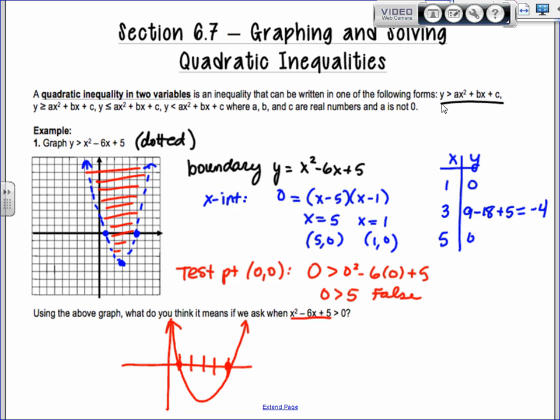Well, it's above the x-axis on this end and on this end. Does that kind of make sense? Where is the parabola above the x-axis? So it would end up being negative infinity to 1, parentheses, because it's not equal to, union 5 to infinity.